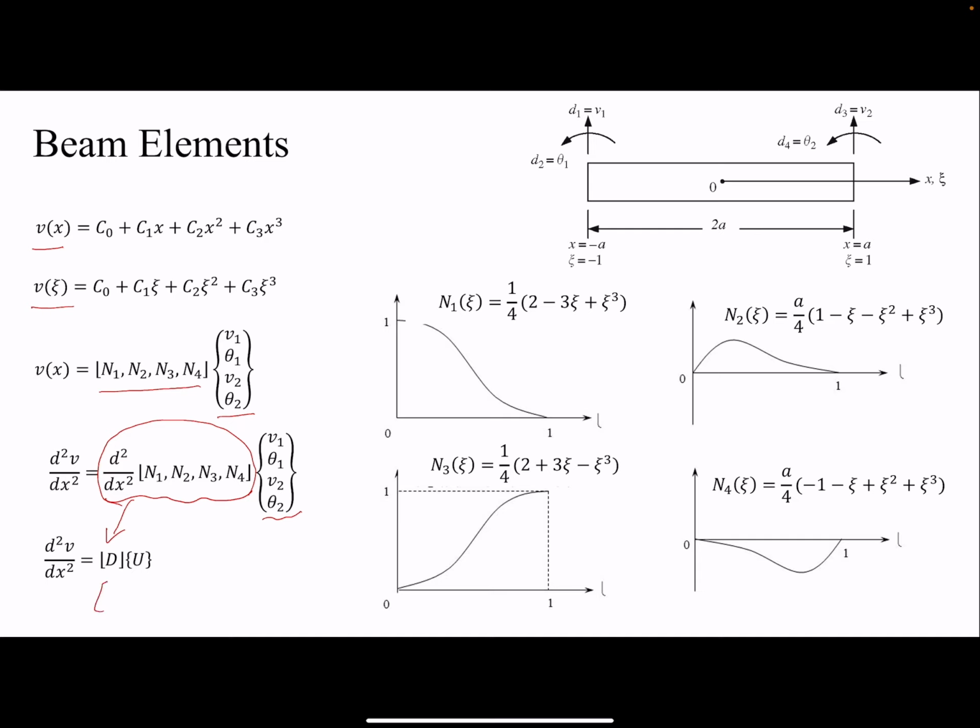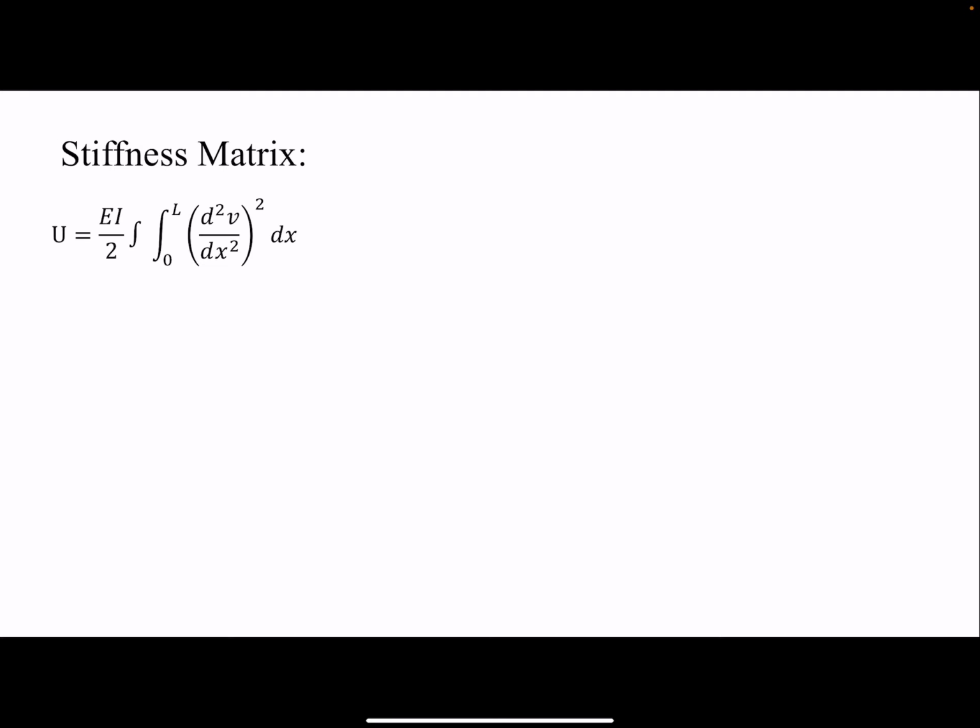Sometimes this one is referred to as the B matrix, but I would like to reserve the B matrix for quadrilateral and triangular elements. Here U represents the displacement, so the total nodal matrix here would be U. I'm going to write my second derivative of deflection based on the D matrix and my nodal variable U matrix. I replace this value by D matrix times U, but I need to have these values squared.